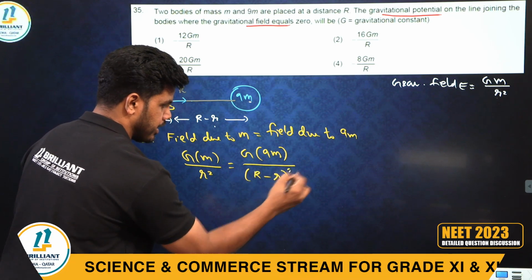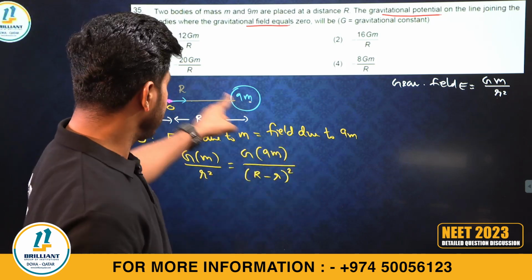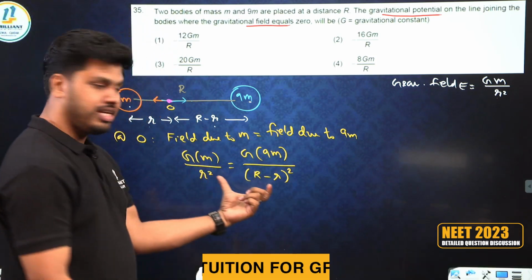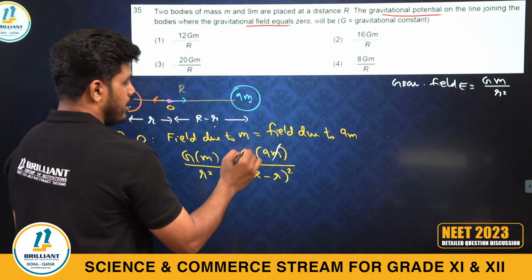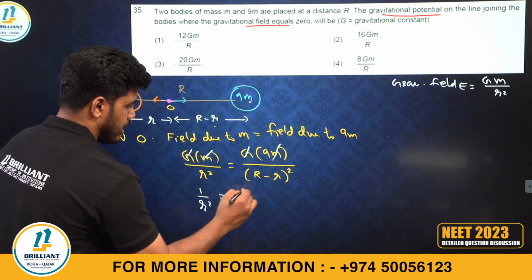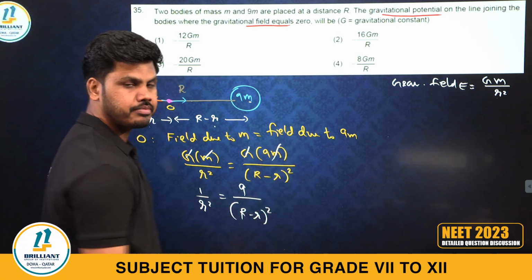We equated the fields at that point, because only if they are equal do they cancel each other. So we can cancel G and m on either side. We get 1 by r square and 9 divided by R minus r the whole square.